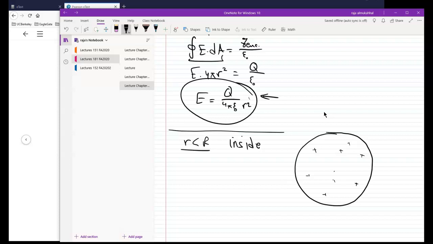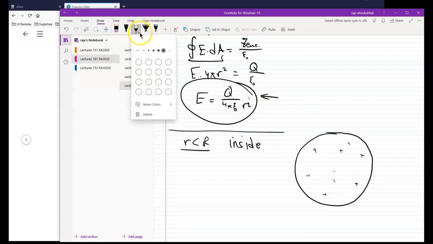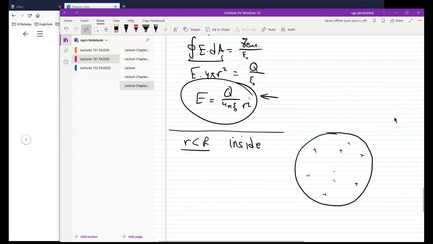Okay, so what I want to do is create a Gaussian surface inside. Let me put it in a different color. I'll put it in pink. How about that? So here is the center right here. Oops, that's not what I wanted. That's kind of a highlighter or something.